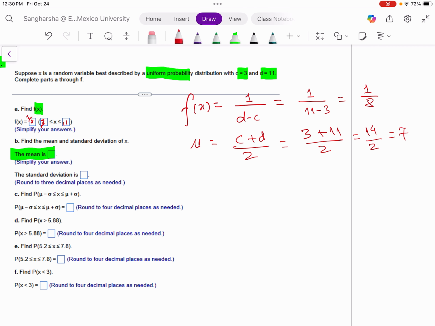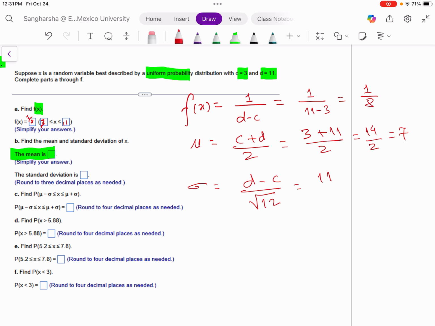Next, we are asked to find the standard deviation. So standard deviation sigma is, let me go ahead and check the formula for the standard deviation of a uniform distribution. Okay, the formula for the standard deviation sigma is (d minus c) divided by the square root of 12.